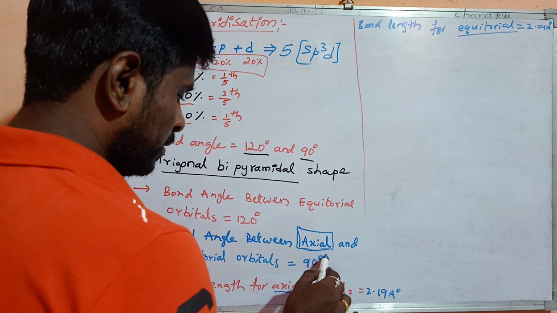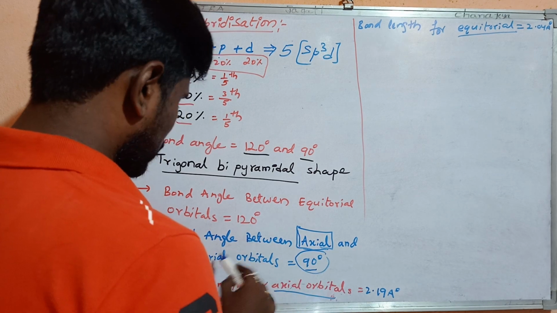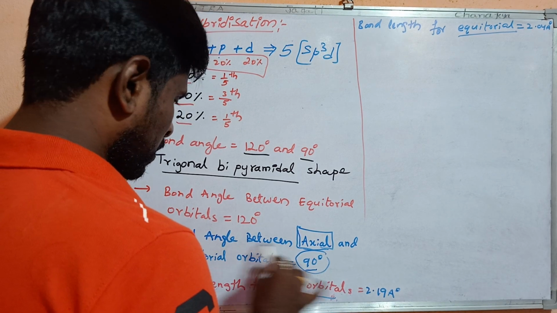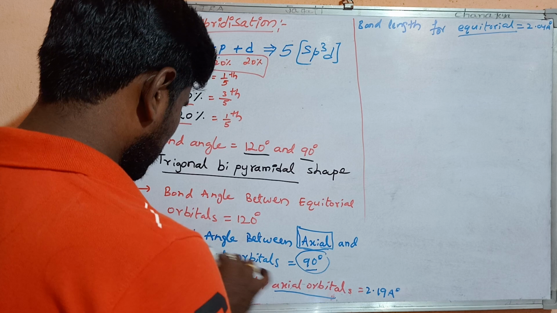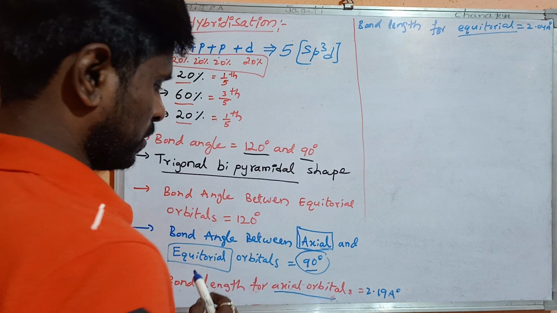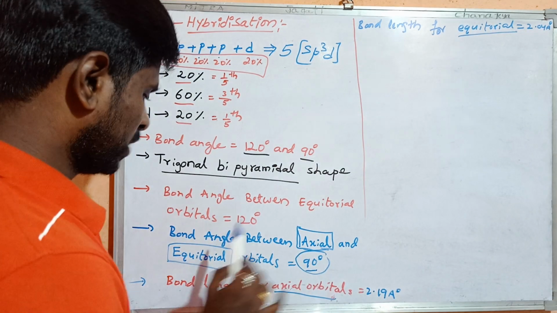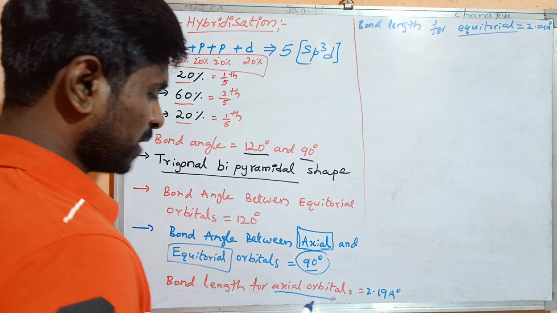Due to the bond angle of 90 degrees between axial and equatorial orbitals, the repulsions are more.